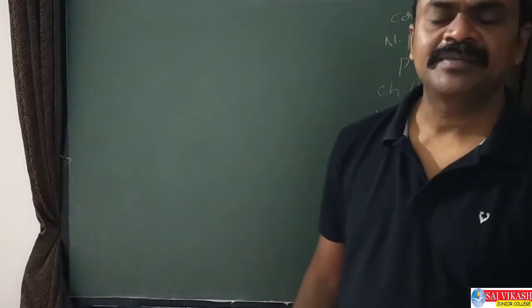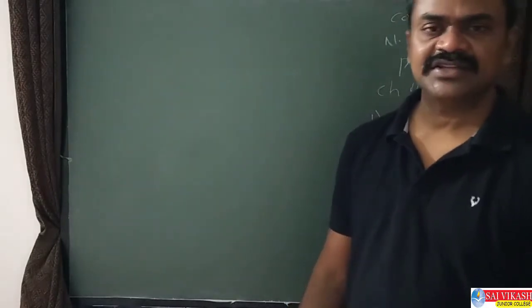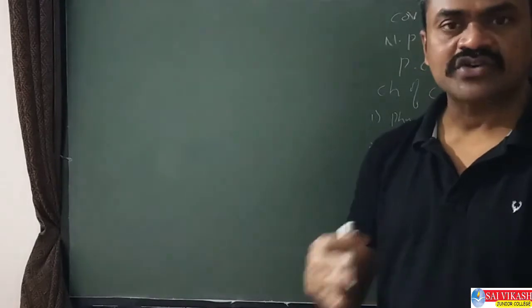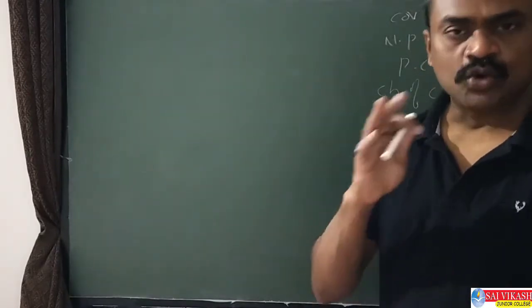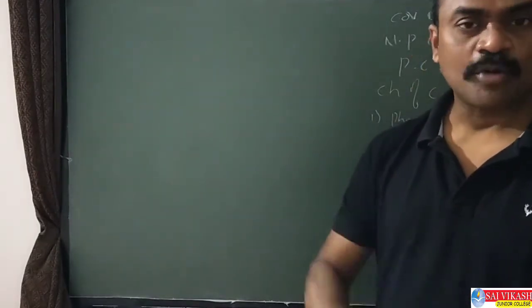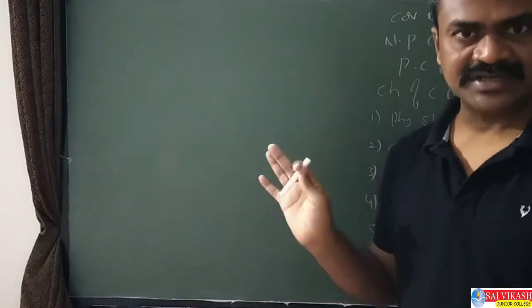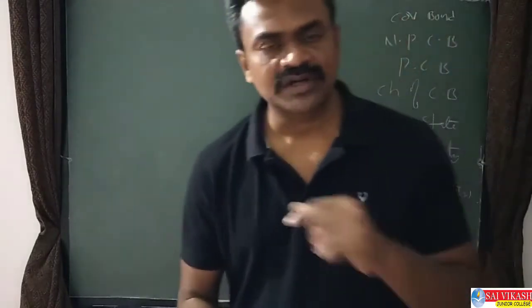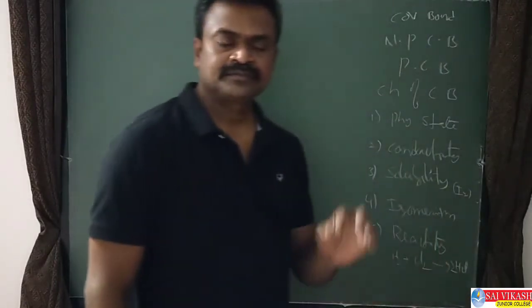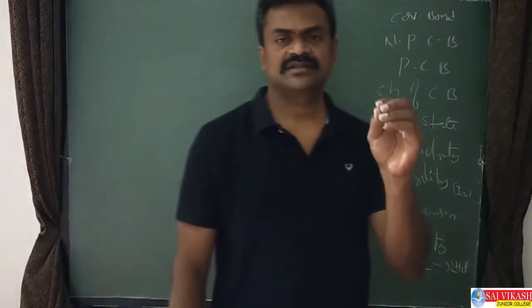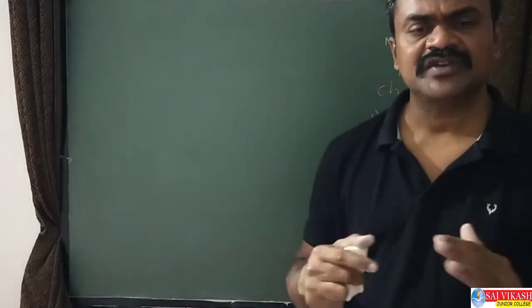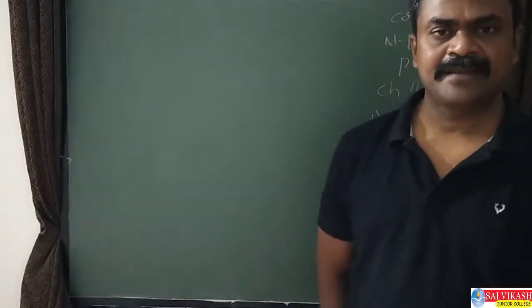Okay, after completion of formal charge in covalent compounds using Lewis-Dot structures, the concept now is the covalent bond and its properties. Actually, what is the covalent bond? The covalent bond is nothing but mutually sharing of electrons between two atoms.